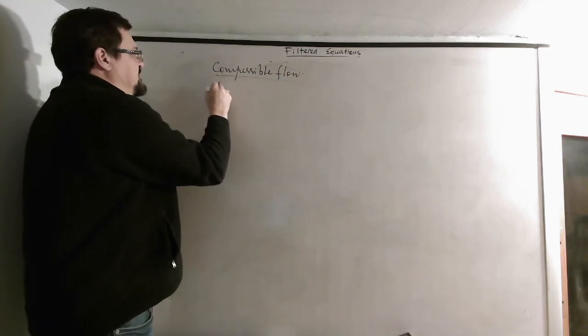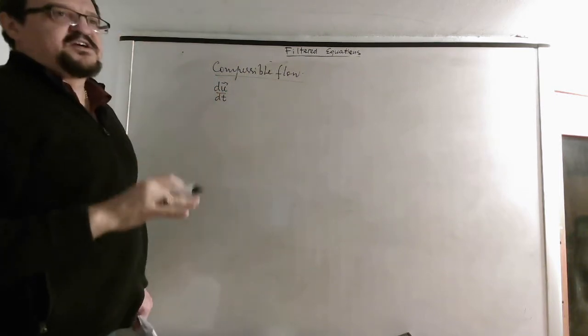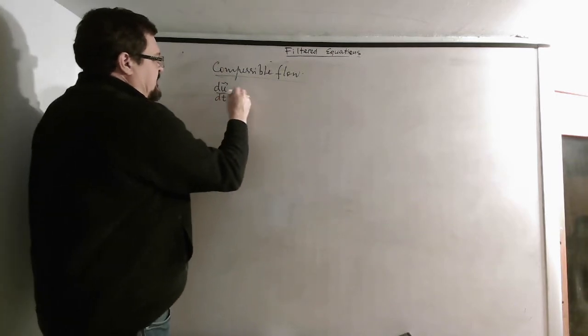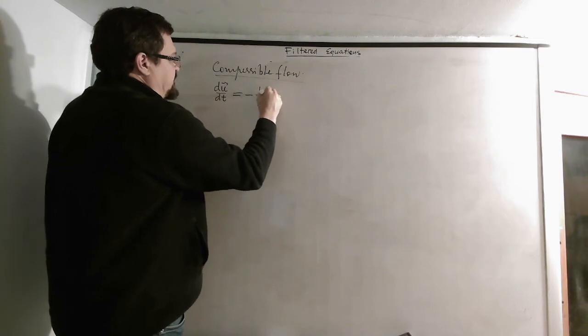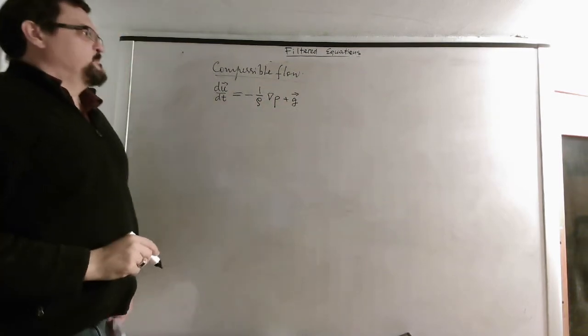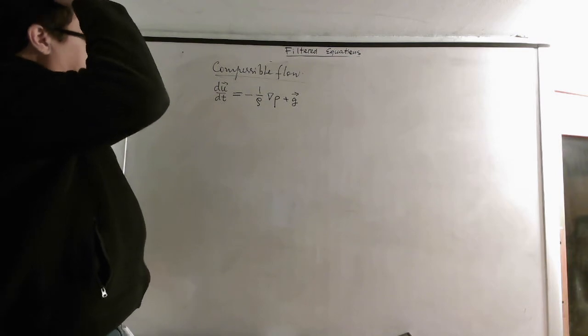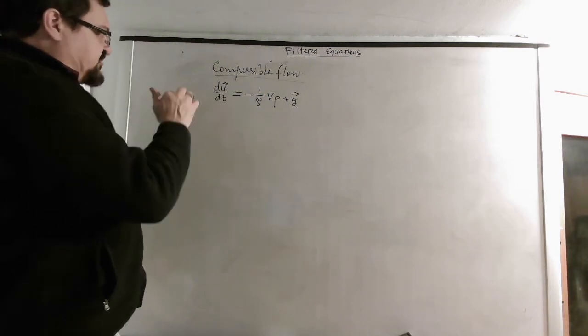First is like du dt. Let's not write any Coriolis force terms or other things. Just du dt equals minus 1 over rho gradient of p plus g. So this is the momentum equation.